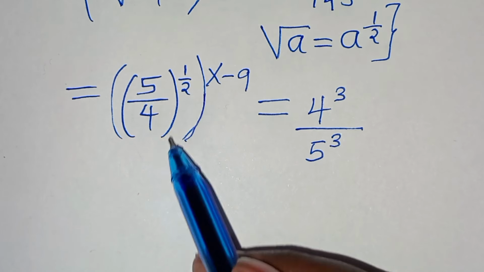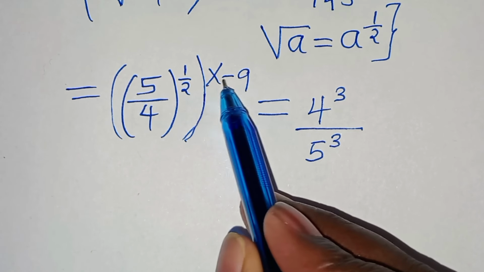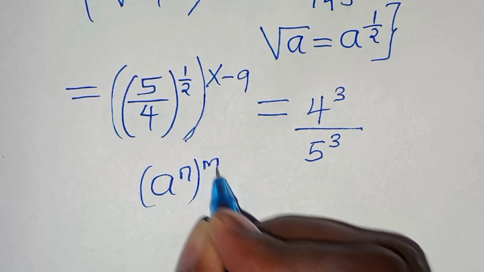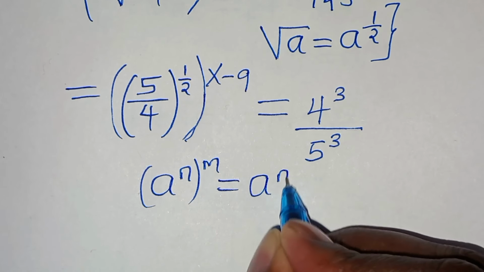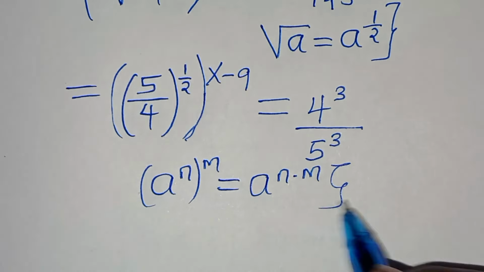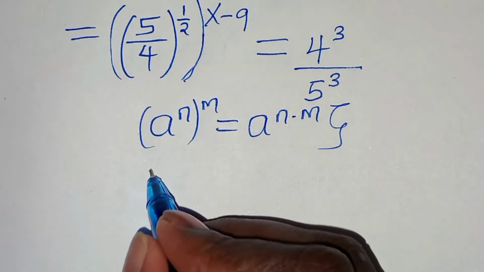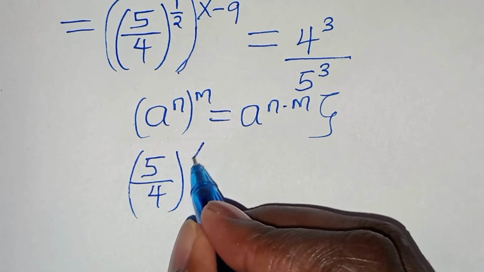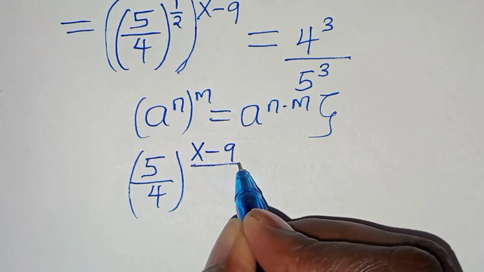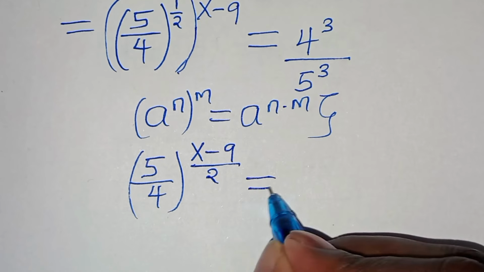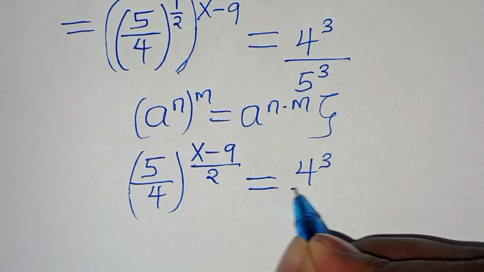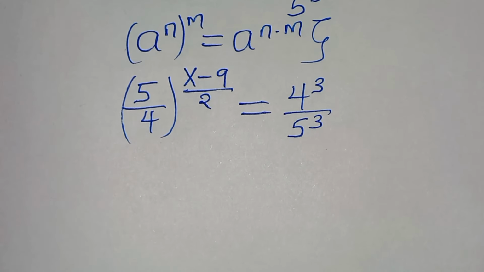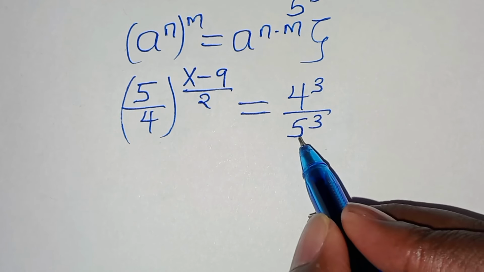Now, we have 5 over 4 to the power of a half raised to the power of x minus 9. This is in the form of a to the power of n raised to the power of m, which we can express as a to the power of n multiplied by m. So let's apply this exponent property, so that we have 5 over 4 raised to the power of x minus 9 divided by 2, equal to 4 to the power of 3 divided by 5 to the power of 3.